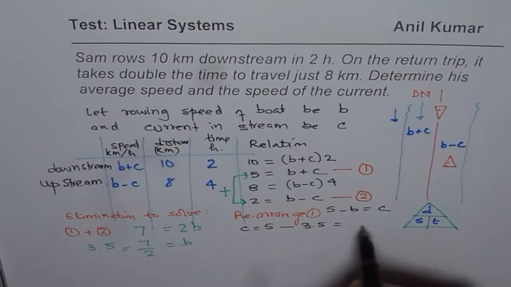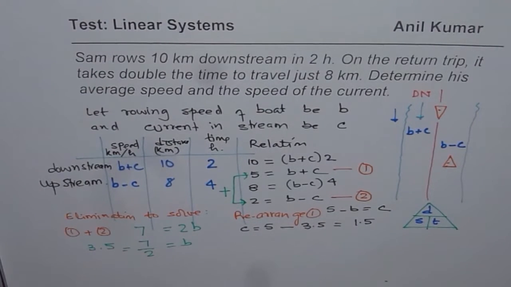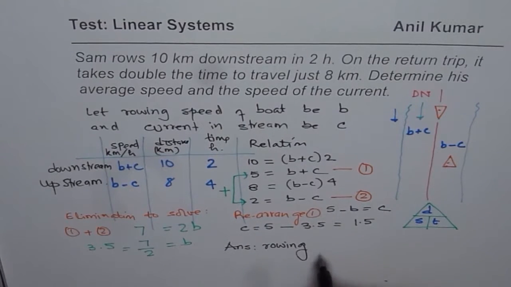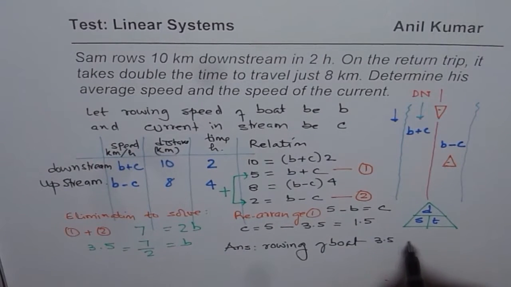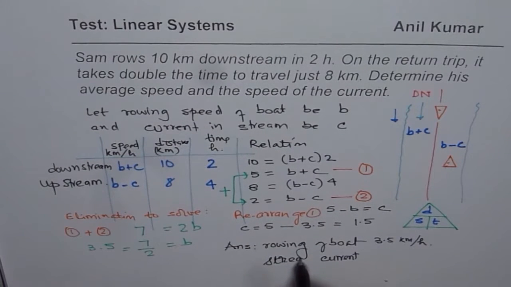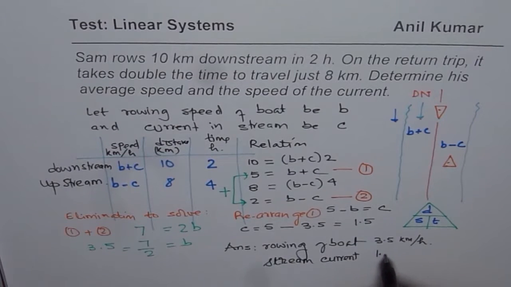If you take 3.5 away from 5, you get 1.5. So the speed of the current is 1.5, and now we can write down our answer. The rowing speed of the boat is 3.5 kilometers per hour. Important to include units, right? And the water current, or stream current, is 1.5 kilometers per hour.